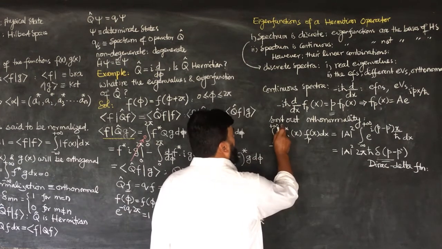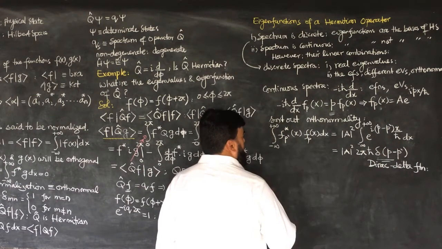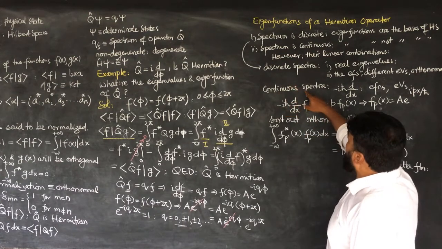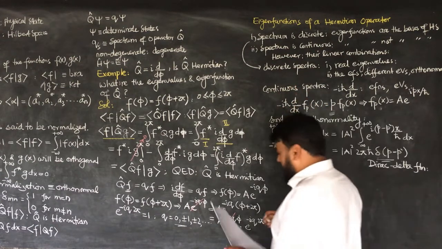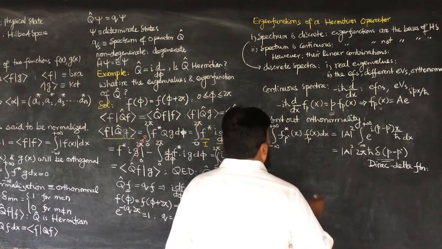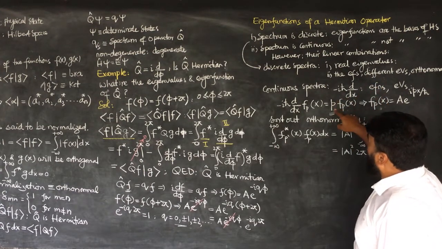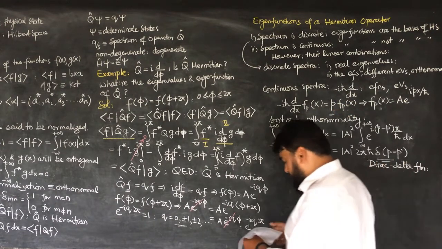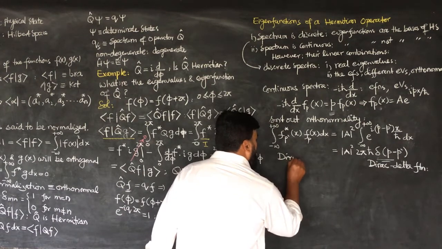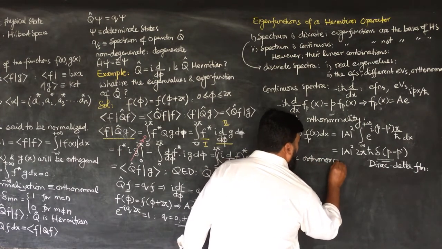So such kind of orthonormality, which seems like orthonormal eigenfunctions, we call this the case when the spectra are continuous. Then we can have eigenfunctions that are not normalizable, but the eigenvalues are real, and they follow Dirac orthonormality.